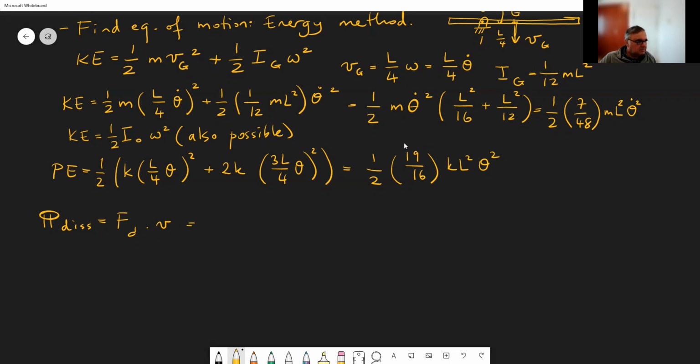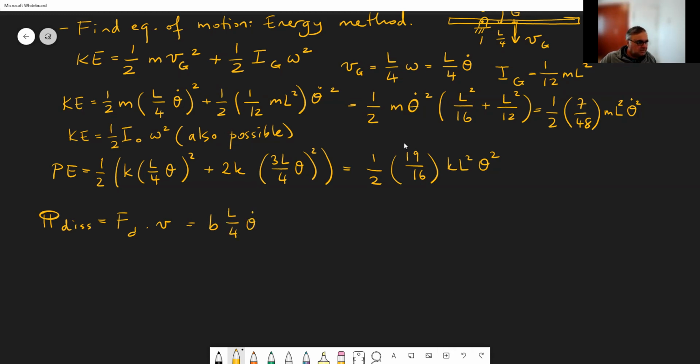So the power dissipated is, but okay, let's not use minus, it is B times L over 4 times theta dot.